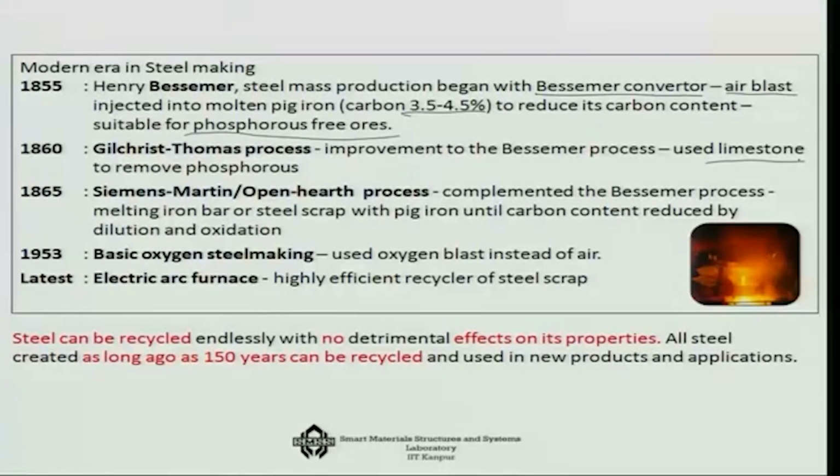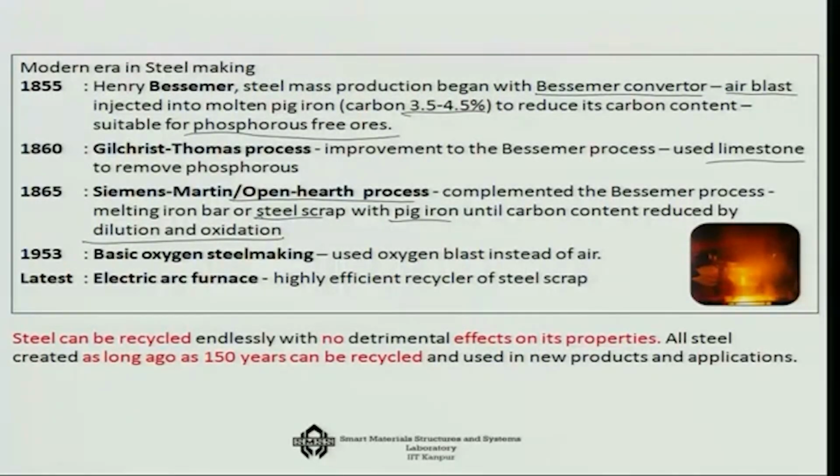So, by 1860 the steel making process had already advanced further from the Bessemer process. In 1865 came the famous open hearth process, also known as the Siemens-Martin process, in which they mix steel scrap with the pig iron. That helps in reducing the carbon content by dilution or oxidation. So, that is in 1865.